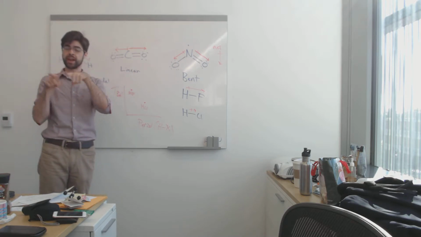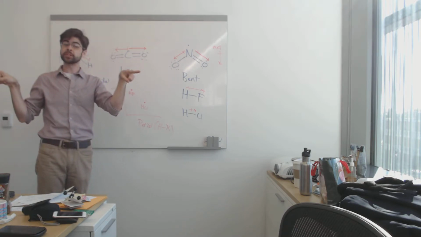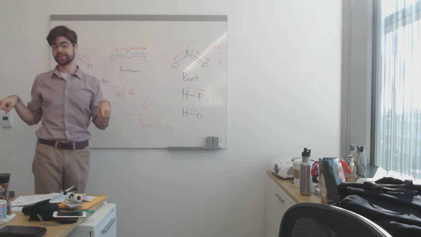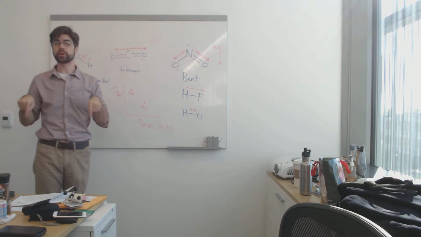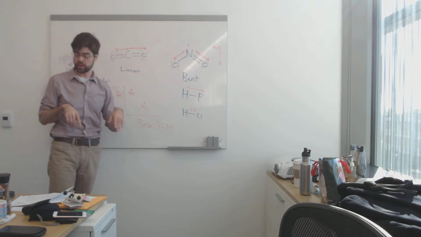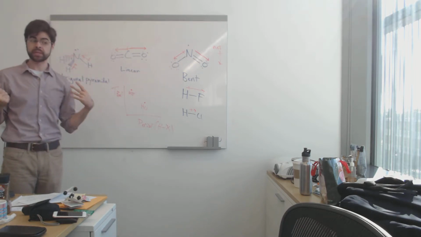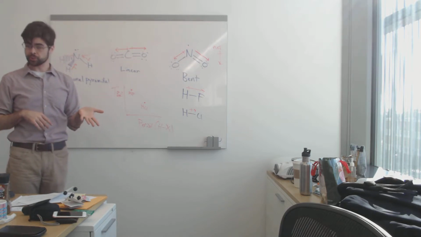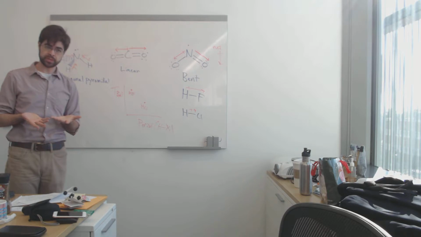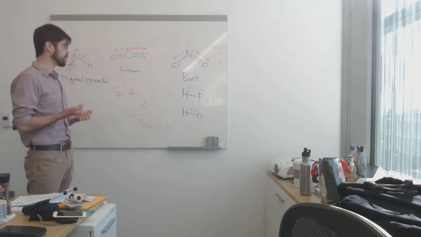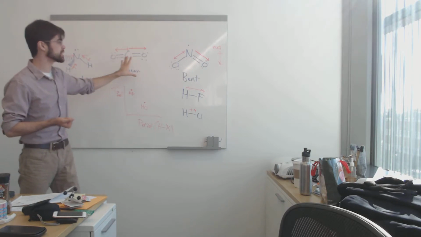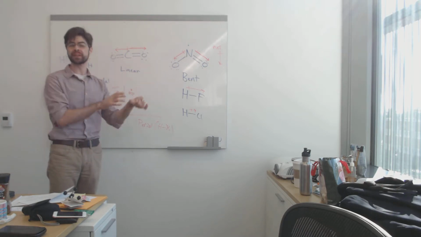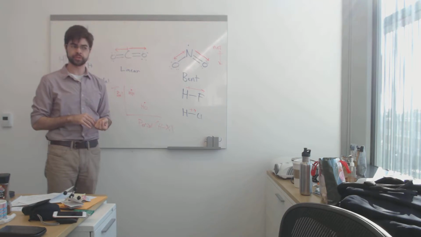CO2 is linear, and the dipoles point in opposite directions symmetrically. NO2, those dipoles do not point symmetrically or anti-symmetrically. They don't cancel each other out. So this one does have a dipole, and so it will experience dipole-dipole forces. They both experience London dispersion forces. Every molecule experiences London dispersion forces, but in this case, because they are comparable in size, I wouldn't say that one has significantly stronger London dispersion forces.